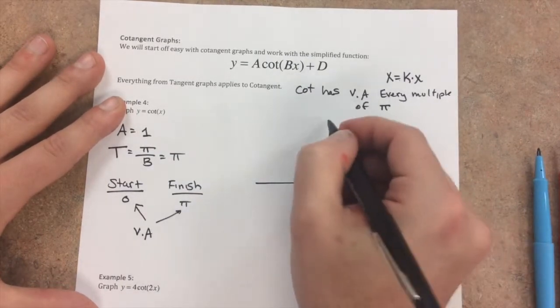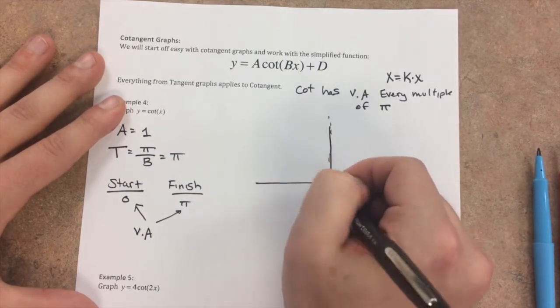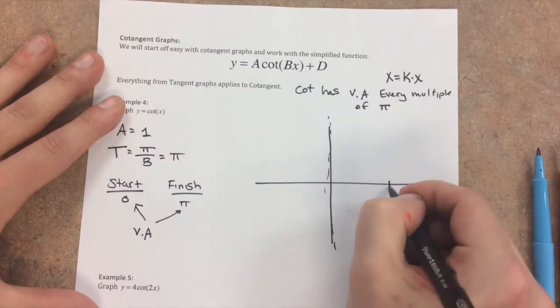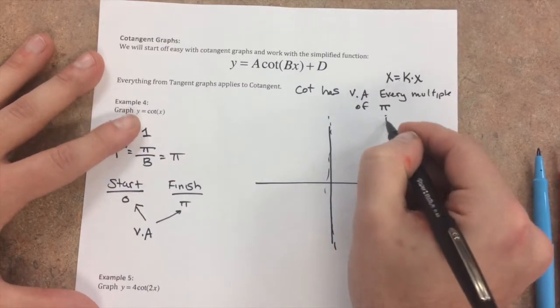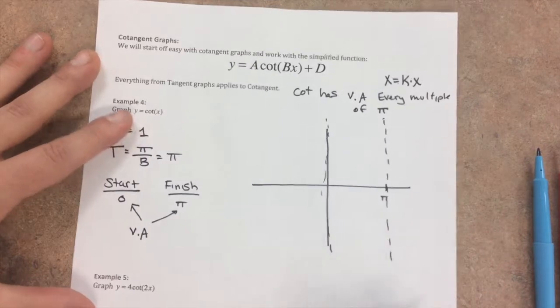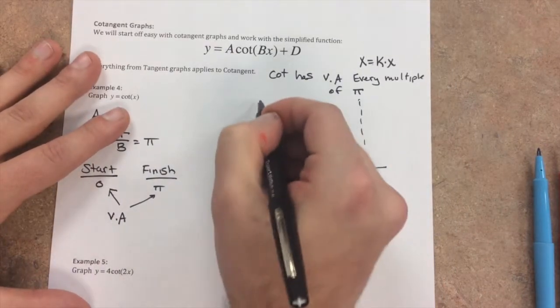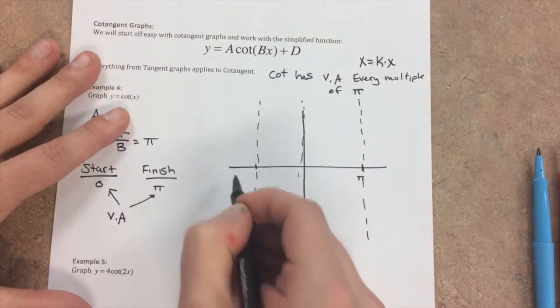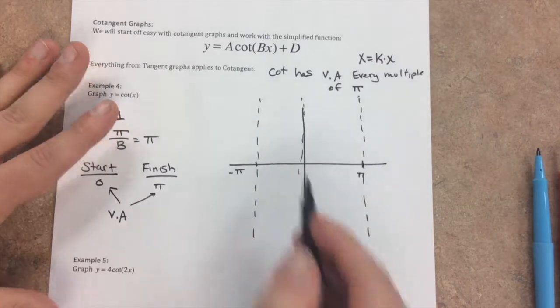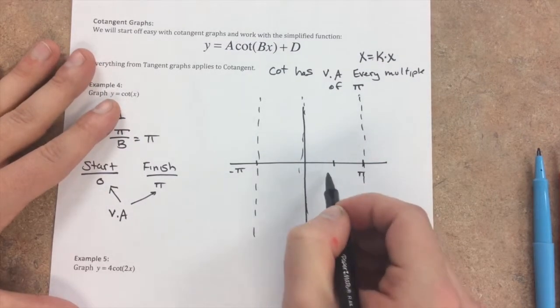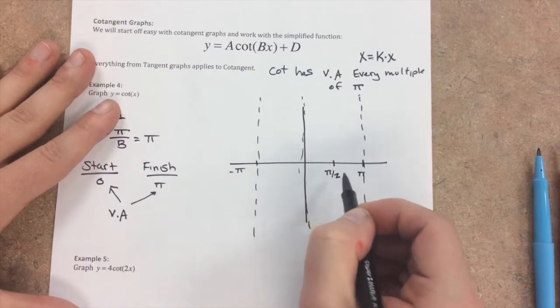So with cotangent, we have 0. We go out to pi. We could also go out to negative pi if we wanted to. And all we need is the halfway point. So this is pi over 2.